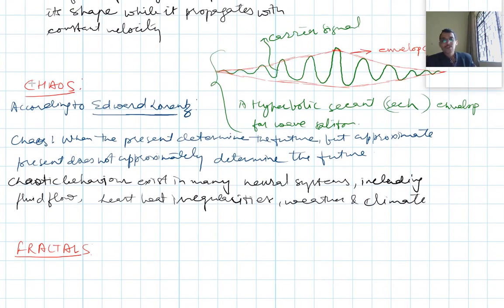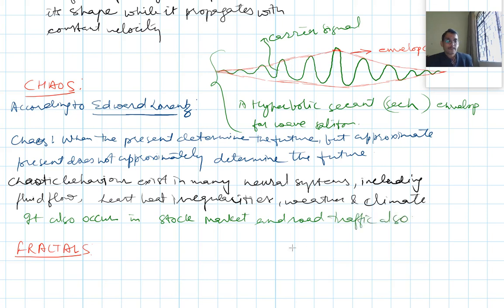It also occurs in the stock market and road traffic. So this is a brief introduction of chaos.